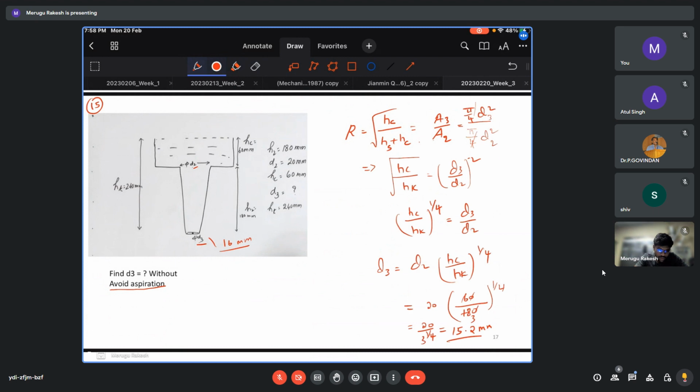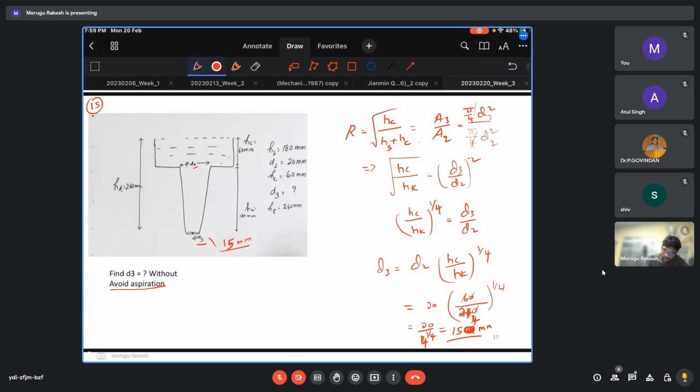Any doubts? This was 240. Okay, sorry. This is 240. So it will be 6 ones, 6 fours. So it will be 4 power 1 by 2. It is 14 point something, so we can take it as 15.